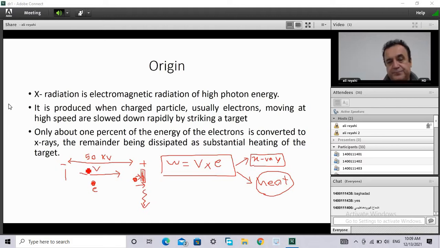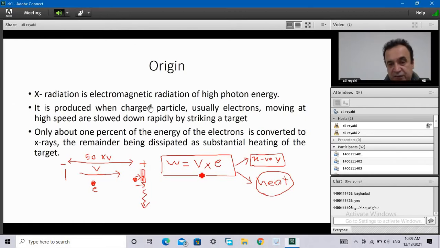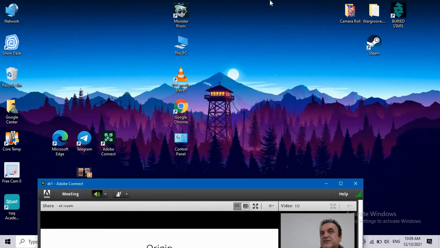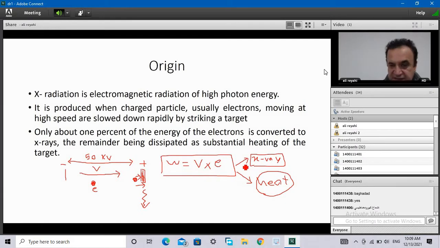So again, we apply a voltage to the electron. The electron moves toward the positive electrode and strikes it. The energy of the electron, calculated by this formula, will be converted to two parts.